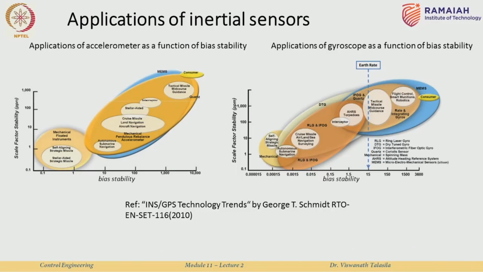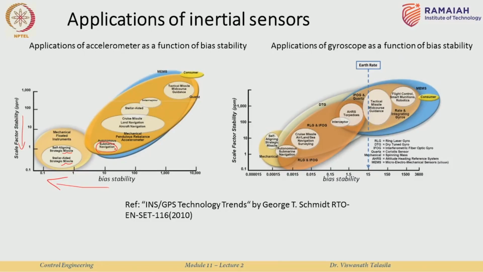The final slide is applications of inertial sensors. I will not spend too much time on this, except to point out that as the bias stability keeps reducing, as the scale factor stability keeps reducing, meaning that the scale factor is less and less of a problem, you can solve far more complex navigation problems. So, you can look at missiles, and you can look at submarine navigation and so on.